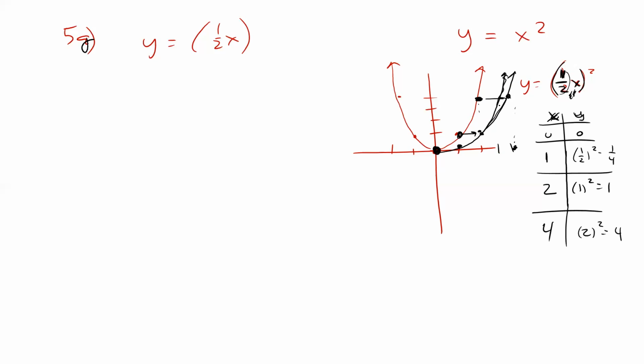It's just slower now. As opposed to a vertical stretch, where the bigger the number, the faster it goes up. Notice on this one, the lower the number, which is with the 1/2, the slower it goes up. Okay, so with that, let's go with the numbers themselves.